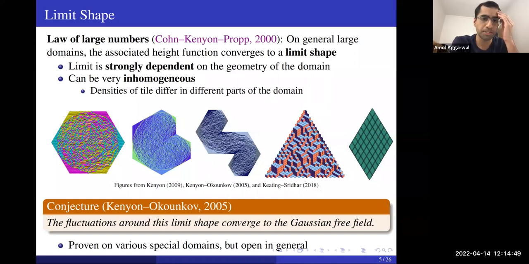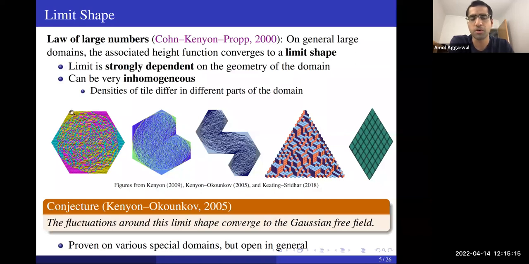The second point I want to mention is that it can be very inhomogeneous, in the sense that the density of tiles can differ very much depending on which part of the domain I'm probing. You don't see that for the trivial case, the parallelogram, but already in the hexagon, I alluded to it before. If I look somewhere in the middle, I'll see equal proportions of all the different types of tiles, pink, blue, and yellow.